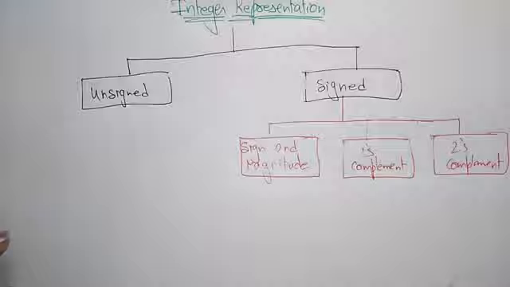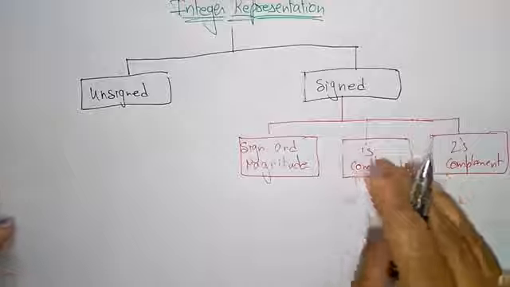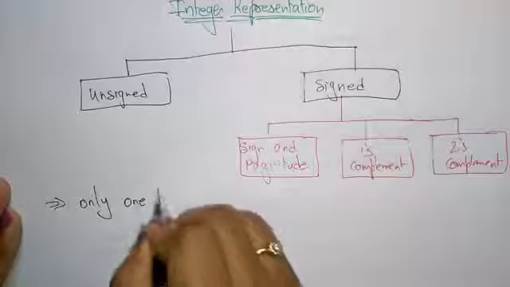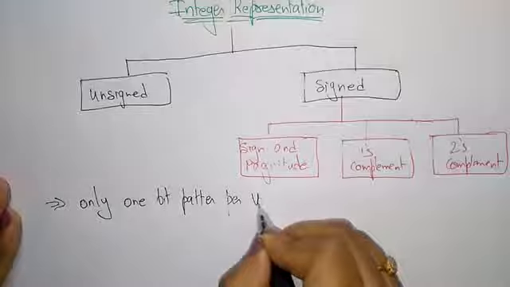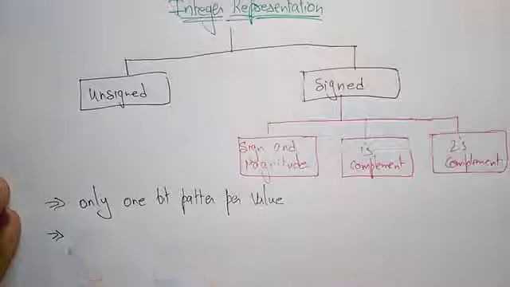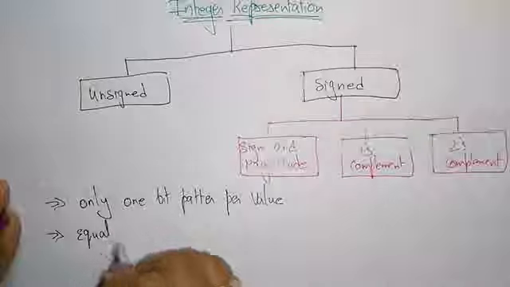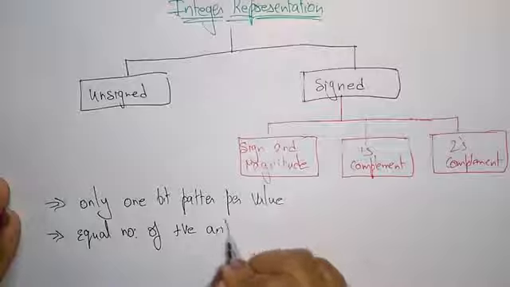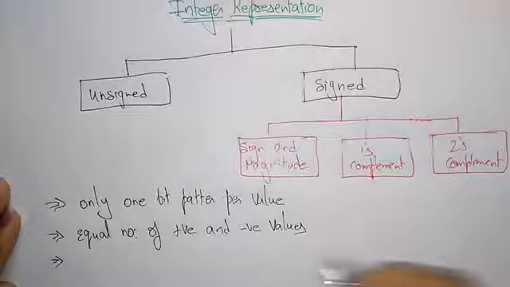In any representation, whether it is signed or unsigned, the desirable properties that you have to follow are: only one bit pattern per value, so whatever value you have taken, you follow only one bit pattern; an equal number of positive and negative values; and a maximum range of values.